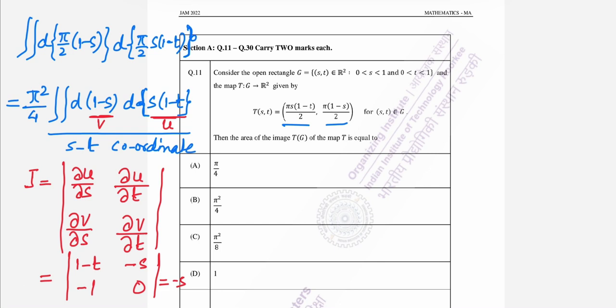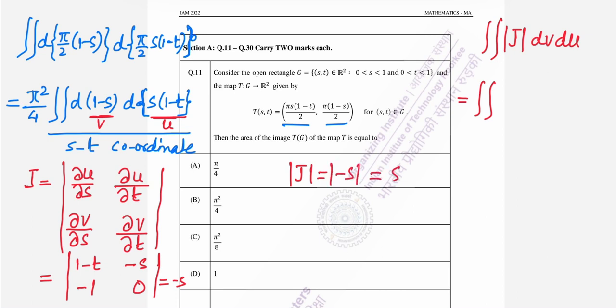Okay, so our transformed double integration will be mod J dv du. Let us write the value of mod J. You see J is minus s, so mod J will be s.